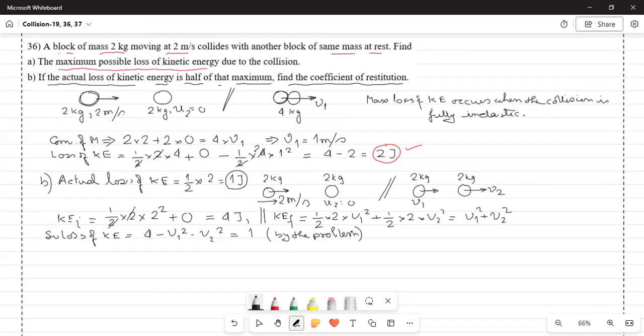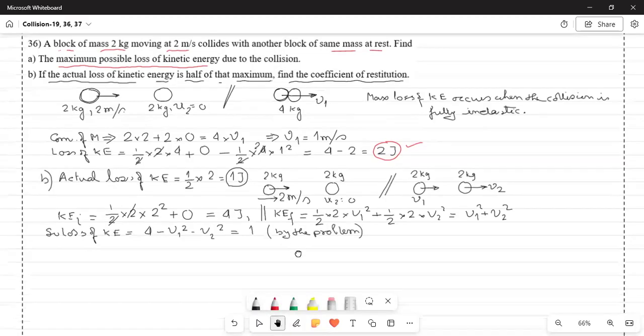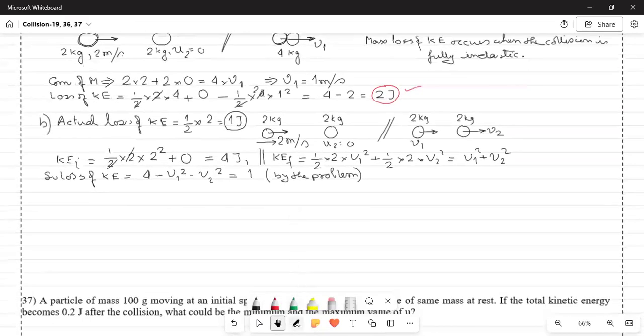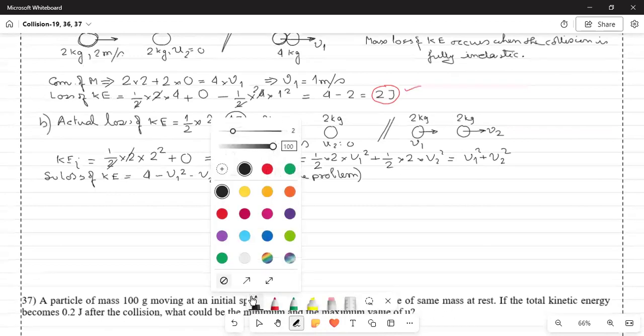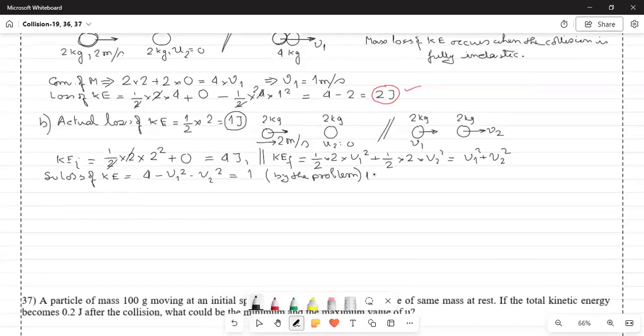The problem says that the actual loss of kinetic energy is half of the maximum that could have happened. So from here we get v1 square plus v2 square is equal to 3.